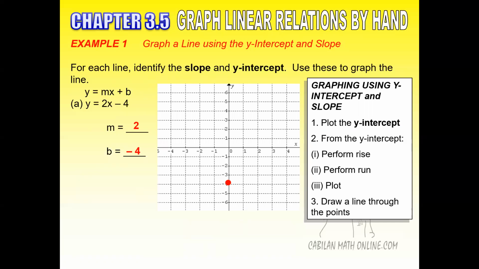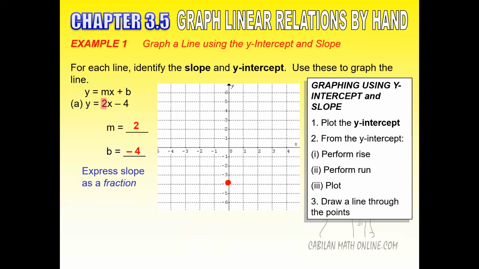Now for step number 2, we need to plot a second point using the slope. It says here, from the y-intercept, perform rise, and then perform run. The way we do that is we need to take the slope, which in this case is 2. Now, what you need to know about whole numbers is that every whole number has an invisible 1 as part of the denominator, which is the bottom number.